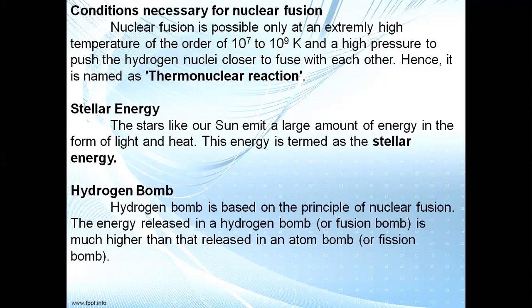The hydrogen nuclei are pushed close together and fuse, and nuclear fusion happens. This is called a thermonuclear reaction. At high pressure and high temperature, the hydrogen nuclei are pushed close to each other and fuse.